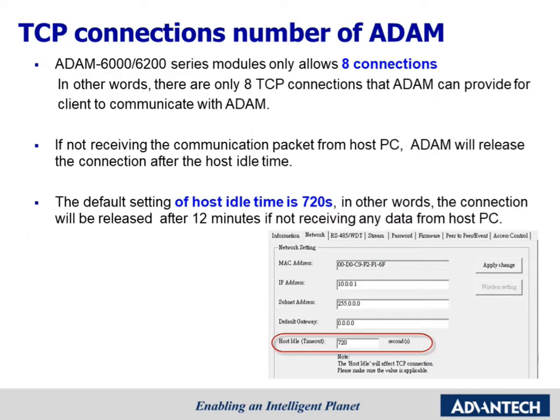It is important to know that the ADAM-6000 and 6200 series modules only allow 8 connections. It means that 8 host computers can access data at the same time.